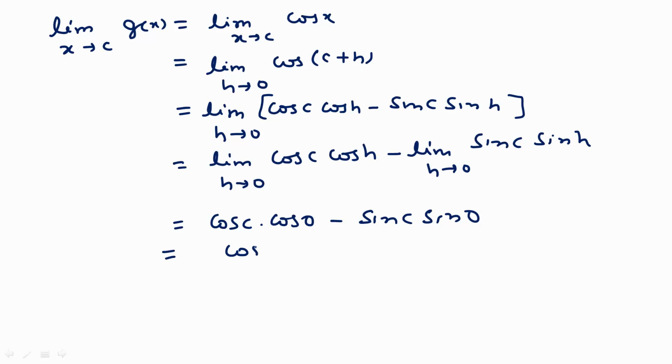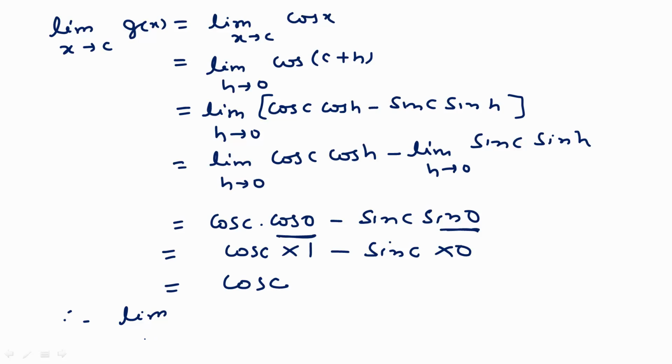Cos c into, the value of cos 0 is 1, minus sin c into, the value of sin 0 is 0. This will be equal to cos c. Therefore limit x tends to c, g(x) is equal to g(c).